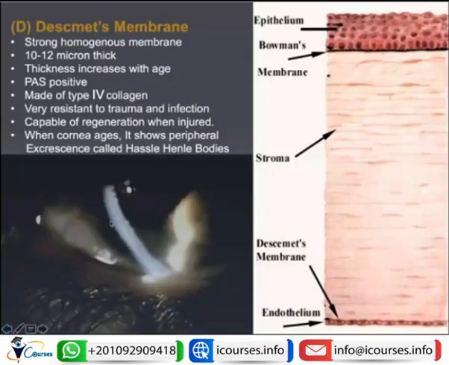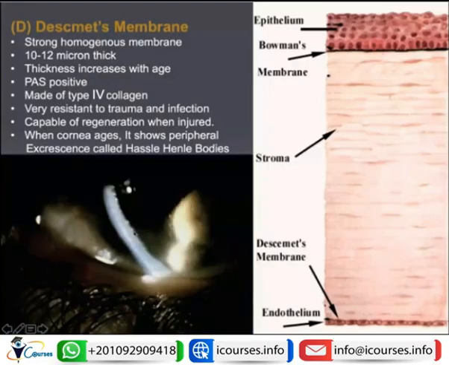And when it ages, it will show characteristic excrescences over the Descemet's membrane. As you can see here, the white dots here and here and here. These are called the Hassall-Henle bodies. So these peripheral excrescences, Hassall-Henle bodies, are just excrescences of the cornea due to aging.